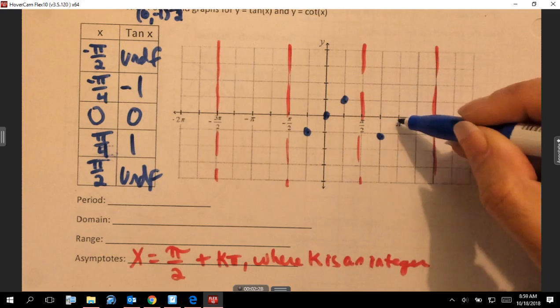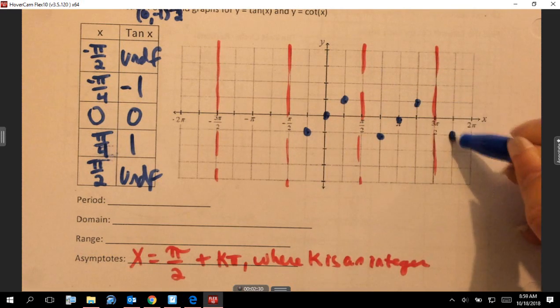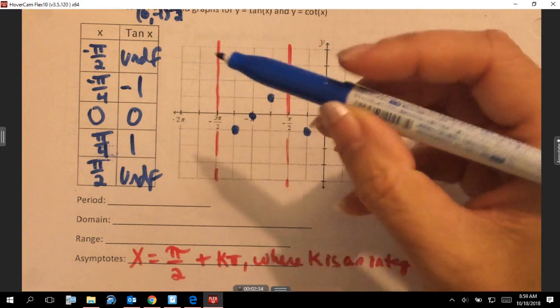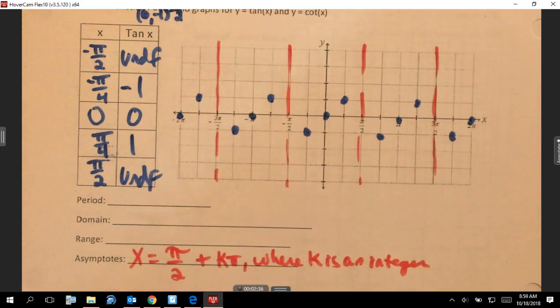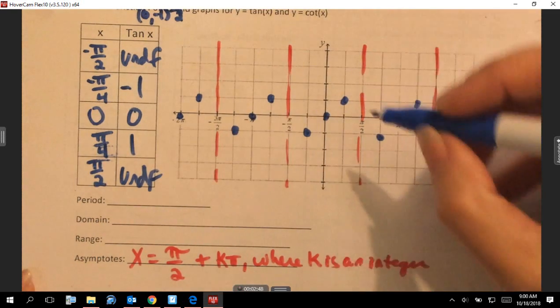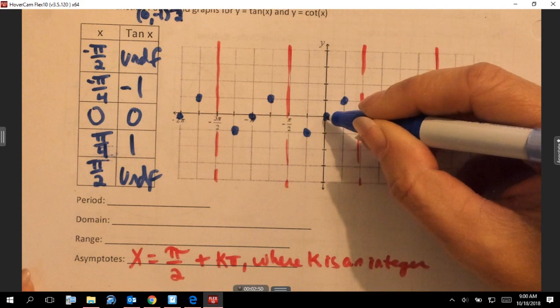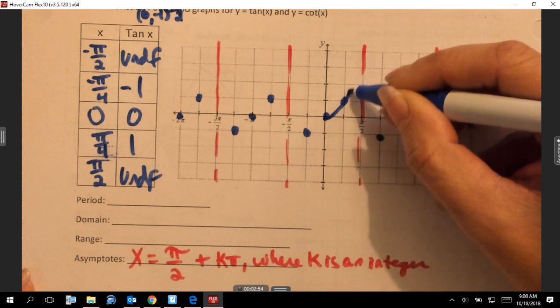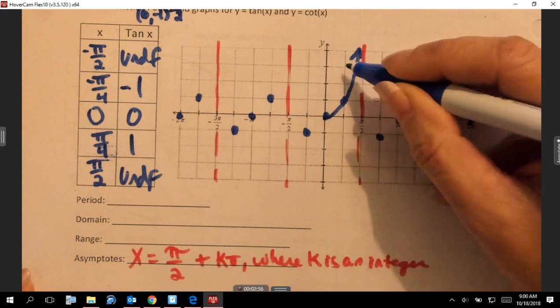And then when you connect, this is the part where some people struggle, and they'll come around and look at your papers to see if you're needing assistance. Is the concavity when you draw them. So you are going to have to get closer and closer to the asymptotes, but don't feel like you have to immediately go to the asymptote. Just want to get gradually closer to it. And when the part of tangent is going up, from the center up, it's going to have a concavity that is opening up.